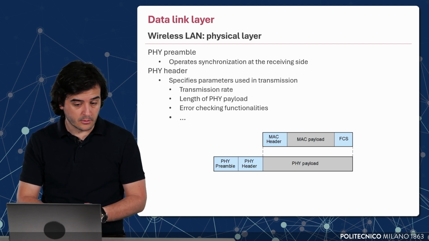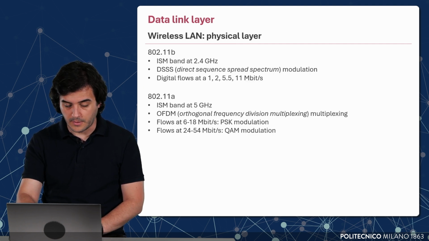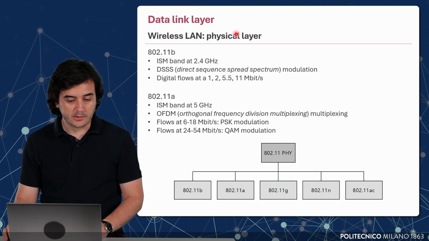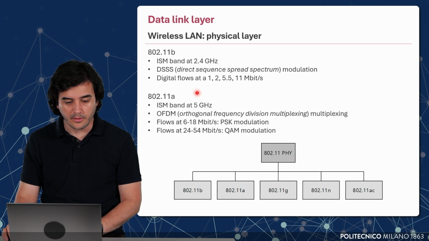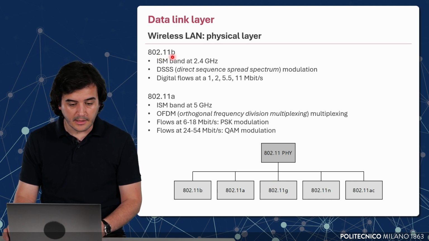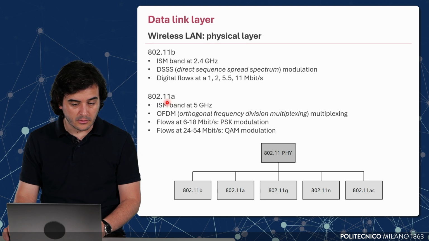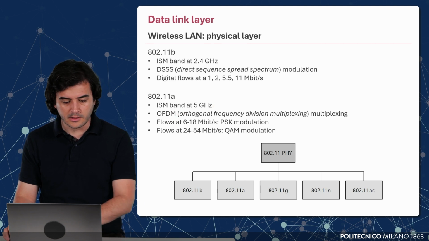When we talk about wireless, there are different technologies that are implemented, and each of these technologies, as far as the physical layer is concerned, might differ from one another. For example, 802.11b implies the use of 2.4 gigahertz channels, whereas 802.11a implies that the band that is used is at 5 gigahertz and so on.